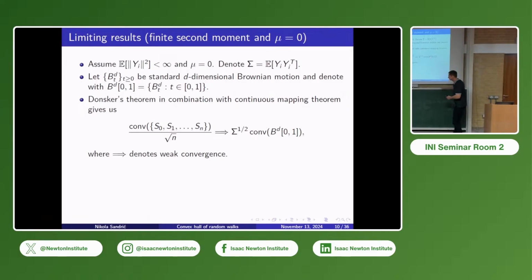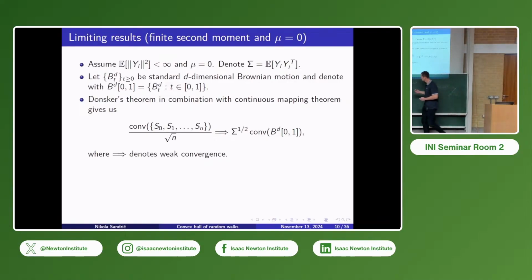Just a short explanation of how and why. Observe that this set is exactly the same as this one, and we scale this by square root of n. By Donsker, we get the Brownian motion in the limit.